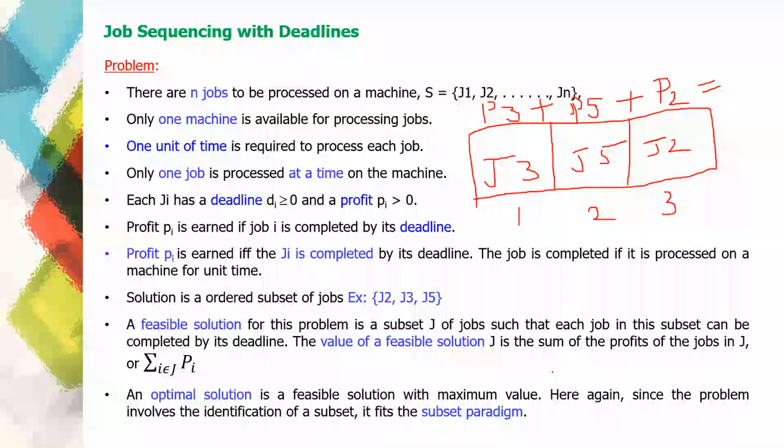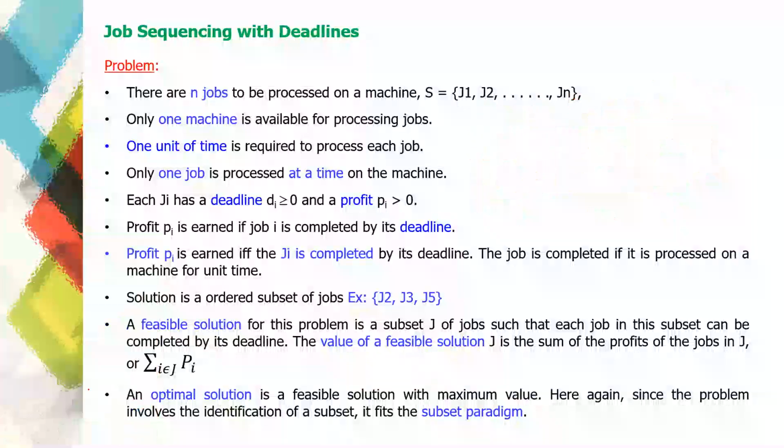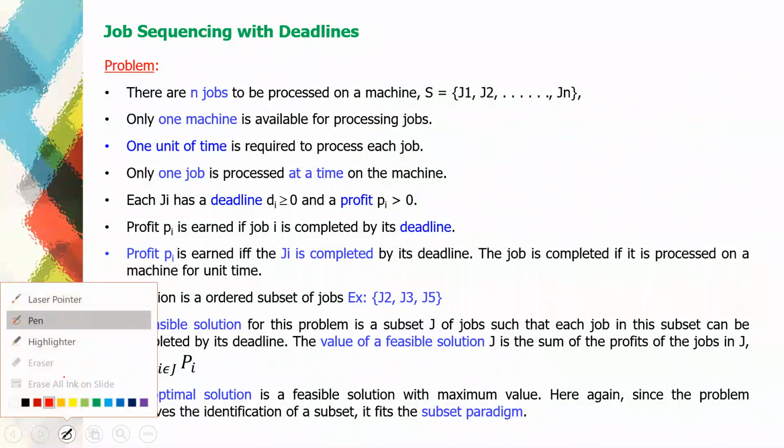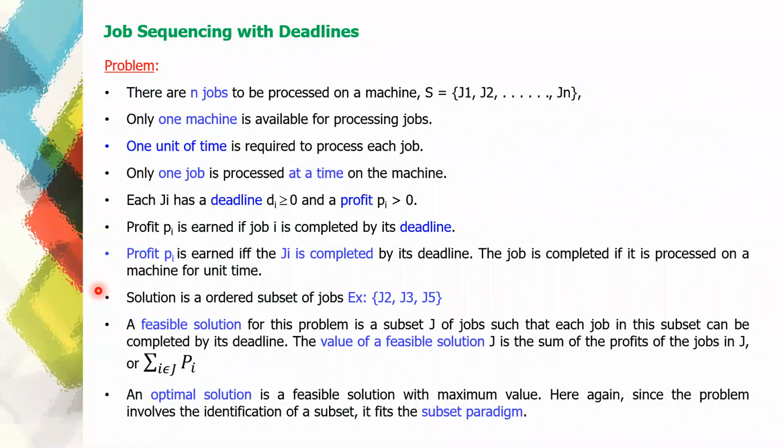Now, how to develop this sequence of jobs? How to develop the solution for a given problem? Now, I'll try to define for this particular problem, what is a feasible solution and what is an optimal solution. So a feasible solution for a job sequencing problem is a subset of jobs such that each job is completed within its deadline.